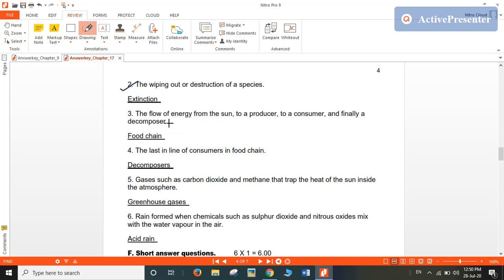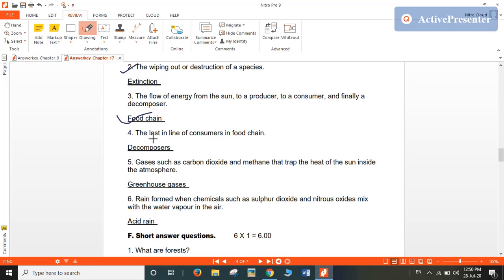Next, the flow of energy from the sun to a producer to a consumer and finally a decomposer is called food chain. The last in line of consumers in a food chain are called decomposers, because who comes last in a food chain? Decomposers.